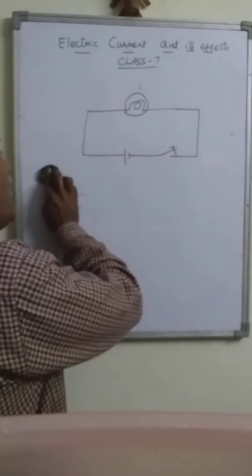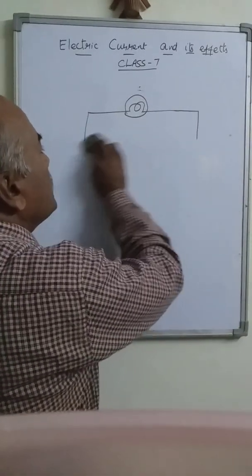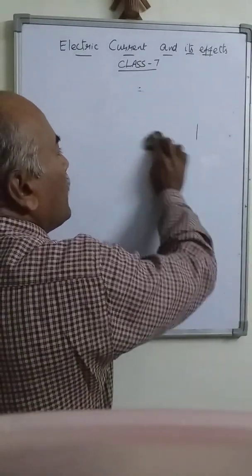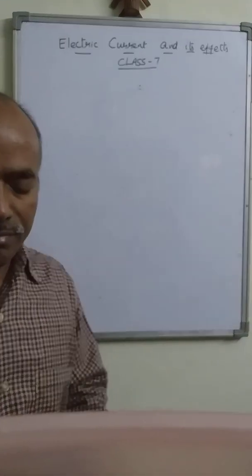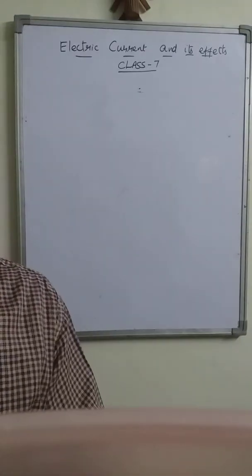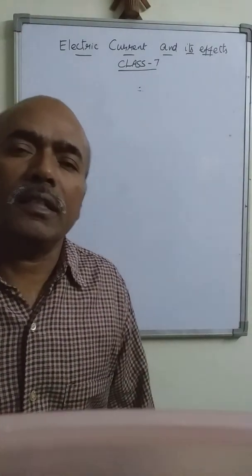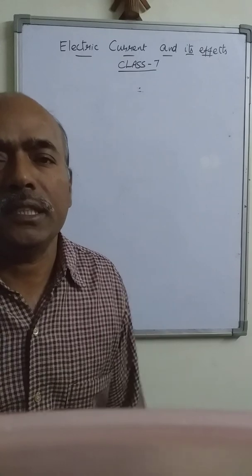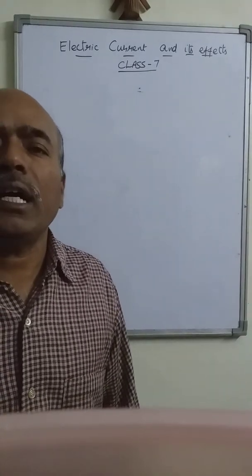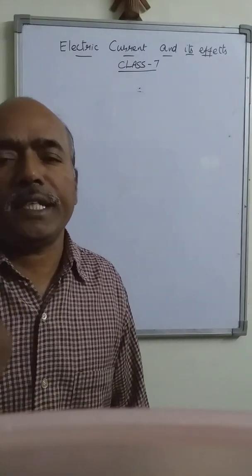Now we have to discuss when electric current is passed through any appliance. We have so many appliances in our house or in many places. Mostly we are depending on the electric current.